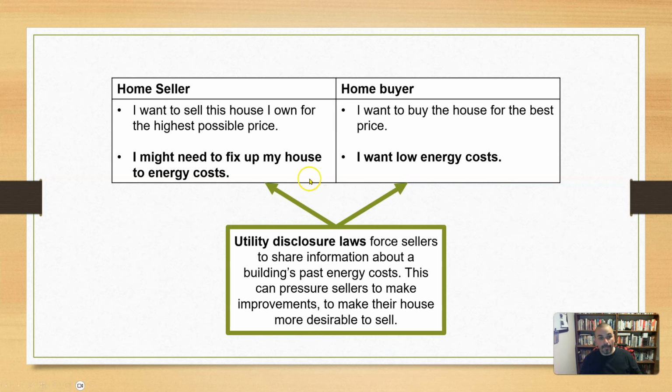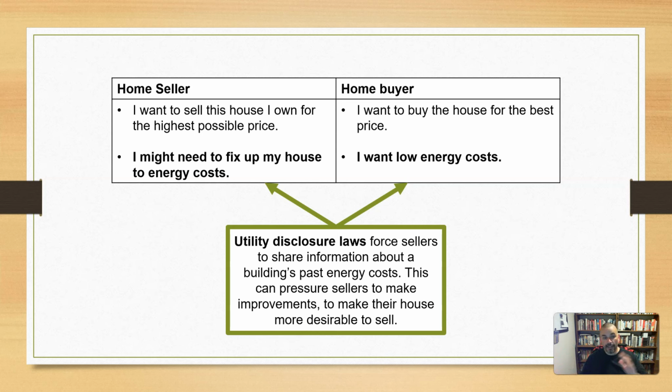Another thing that might happen is that if a home seller is forced to show that their home is not very energy efficient, they may make those improvements themselves. So if they're using a lot of electricity to heat and cool their home, then they may insulate better rather than show a person the really high bills, and that way they can get a higher price for their home, but it also improves the energy use for the future owner as well.